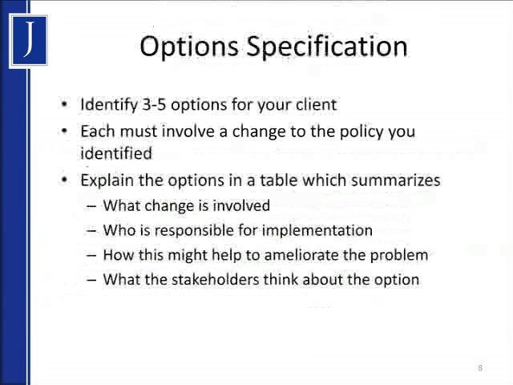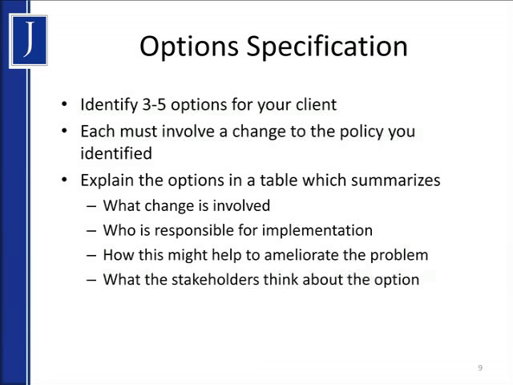Another section is your option specification. Remember that your project must identify 3 to 5 options for policy changes to your client. Each must involve a change to the policy that you've identified.